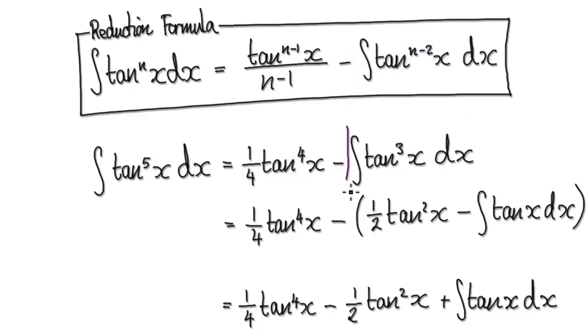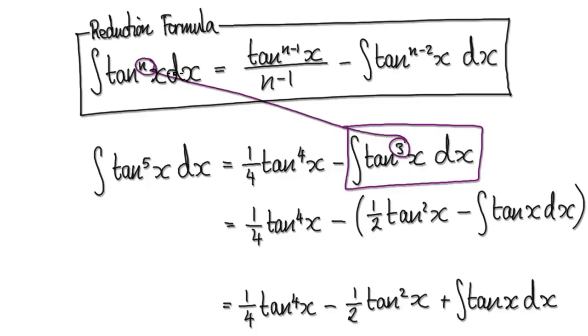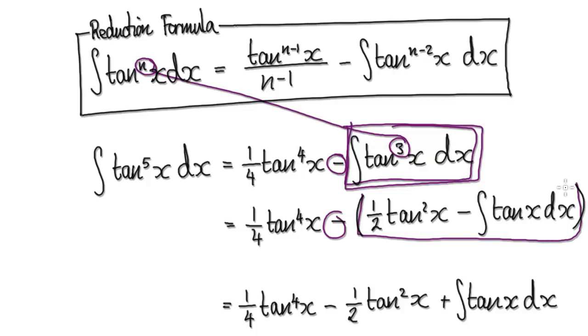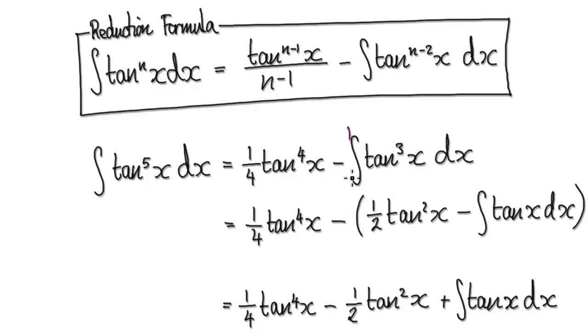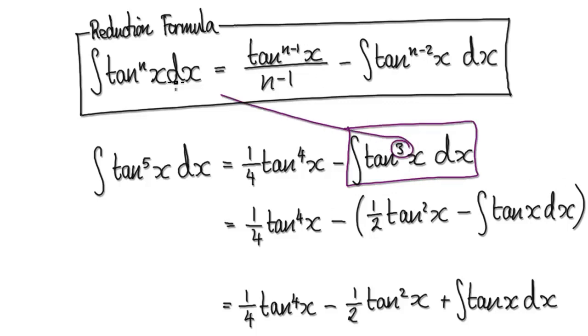Now looking at this, apply the reduction formula again. So this time n here is 3. And remember, you've got a minus here. This whole block here is inside this thing here. So applying the reduction formula on this, remember n is 3.